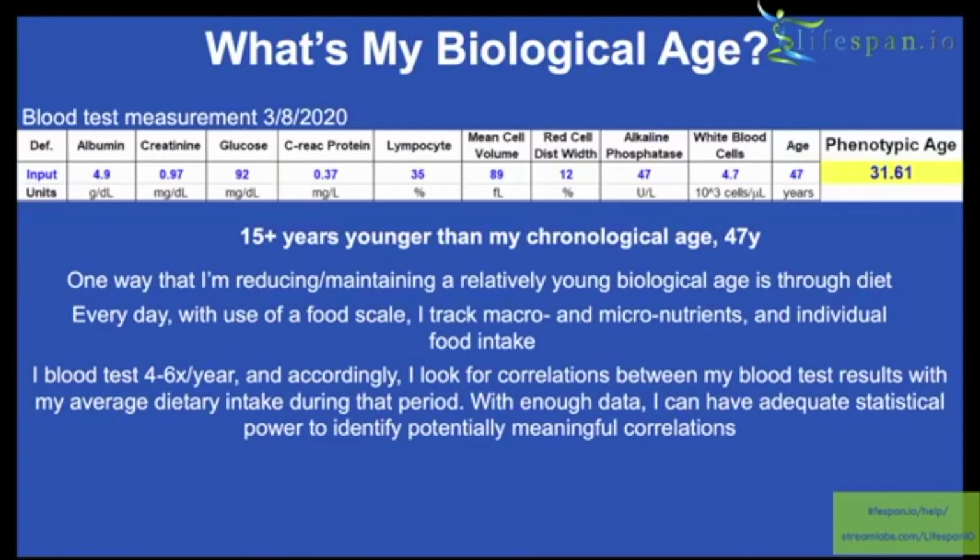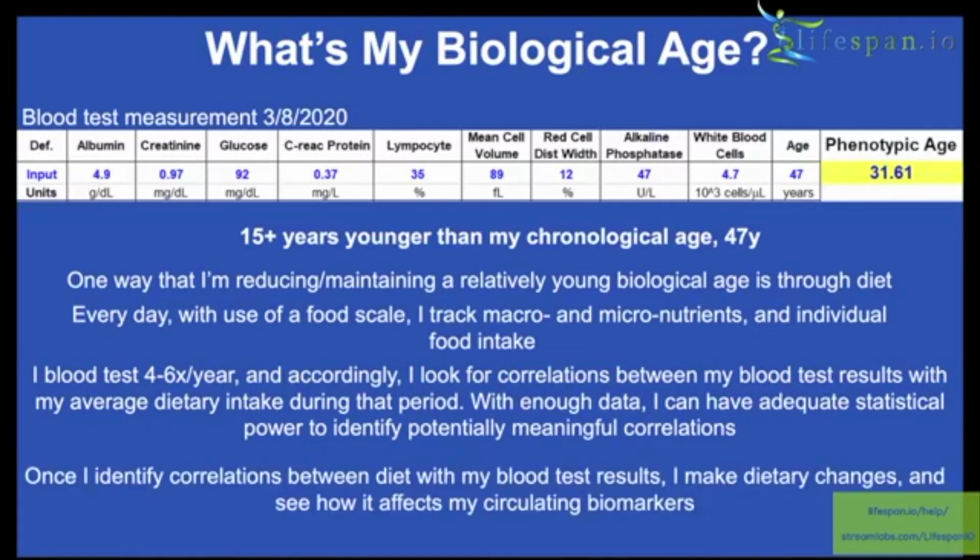Now, if you only measure once a year or less often, it's going to be harder to do that because you just won't know. It's too imprecise. So that's what I do. And then once I identify correlations between diet and my blood test results, I make dietary changes. I'm constantly changing stuff in my diet to tweak it, to see how it affects my biomarkers and to try to push them in the right direction.